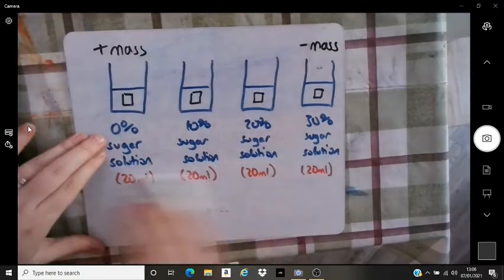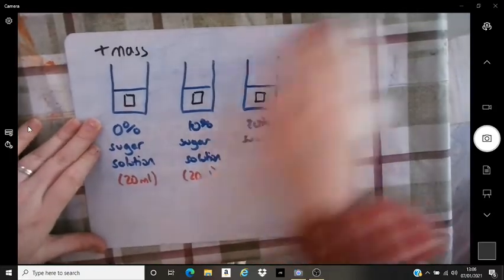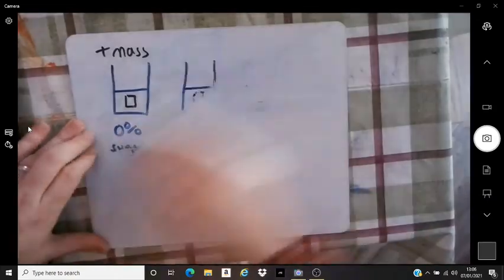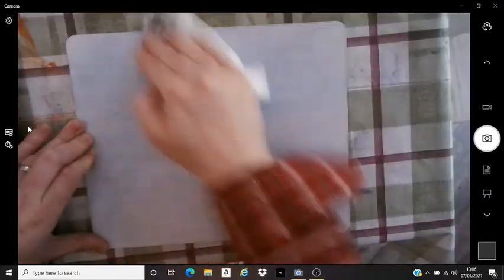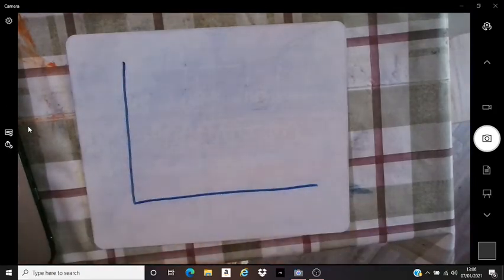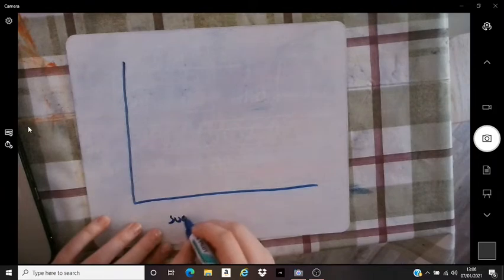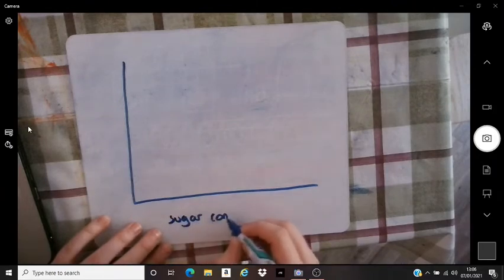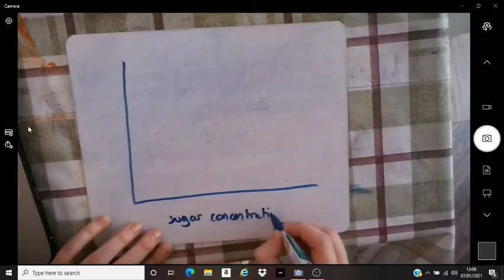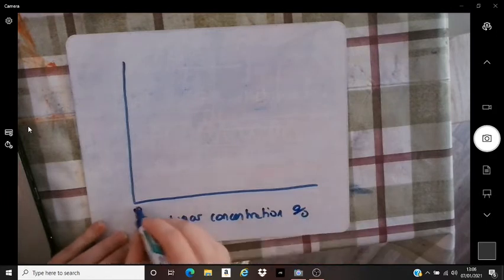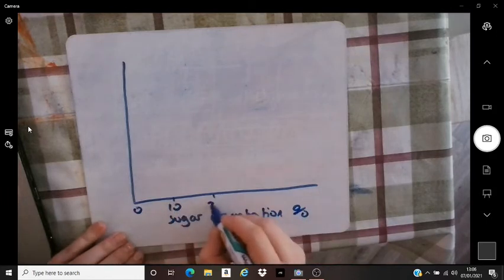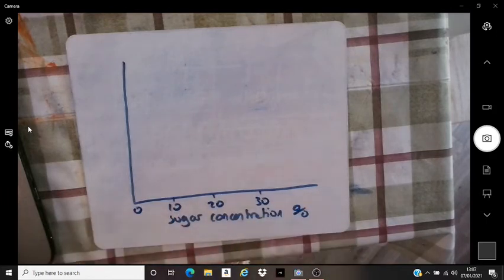And you end up with a graph, if you plot this, that looks a little like this. So sugar concentration percentage there, I did 0, 10, 20 and 30.